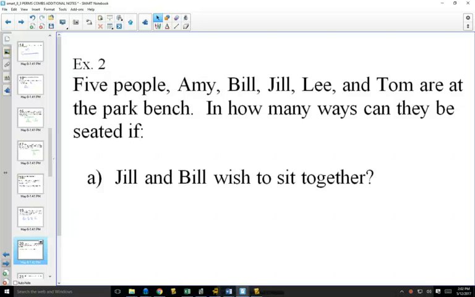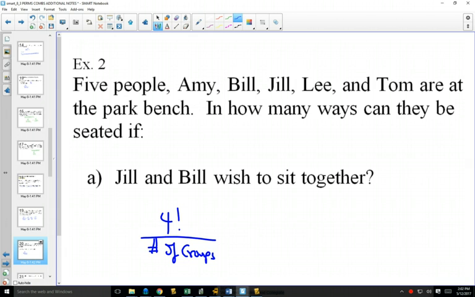Well, if you think of the 5 people, but 2 have to be together, that makes it a grouping question. So if those 2 are together and the other 3 don't matter if they're together or not, can you see that that makes 4 groups? 1 group of 2 and 3 individuals. So when we're figuring this out, there's 4 groups, so that would be 4 factorial.